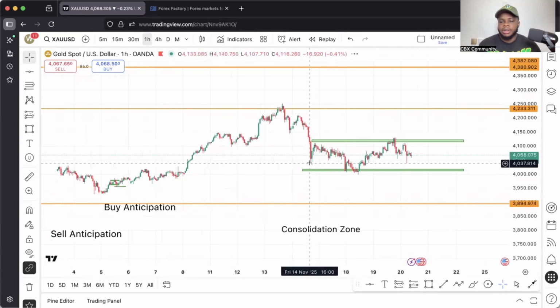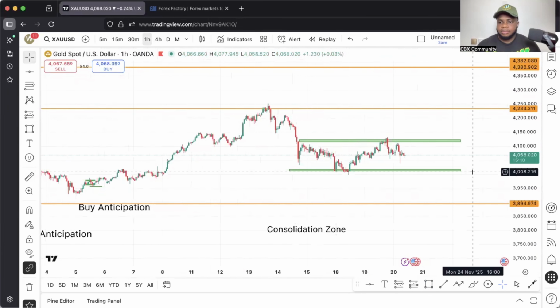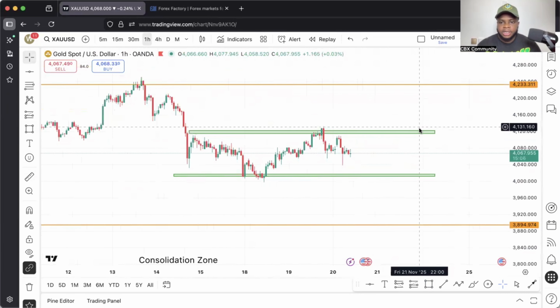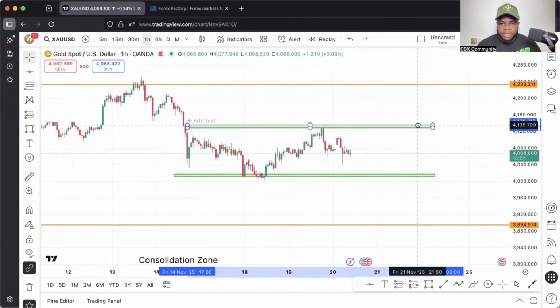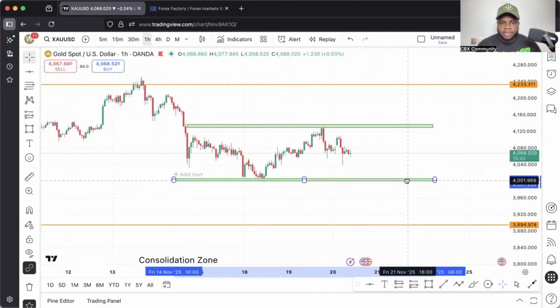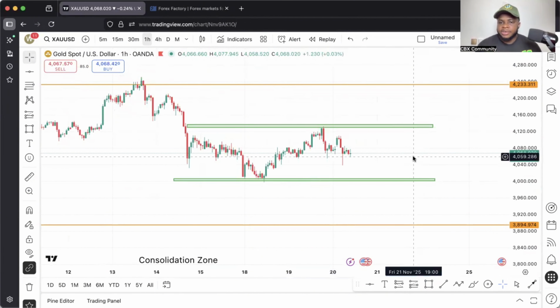As you guys know, I love identifying my resistance zone and my support zone using the H1 and the 30 minutes. So since we have a support and a resistance zone, let's adjust this a little bit. Then let's bring the support zone down here just for us to have a clear view of what we are anticipating the market to give to us.